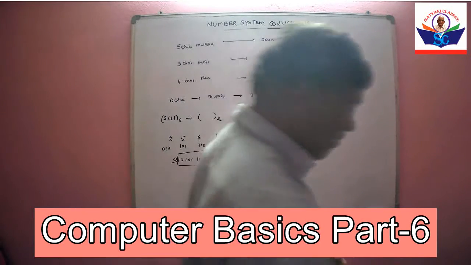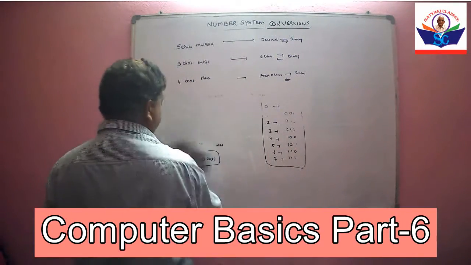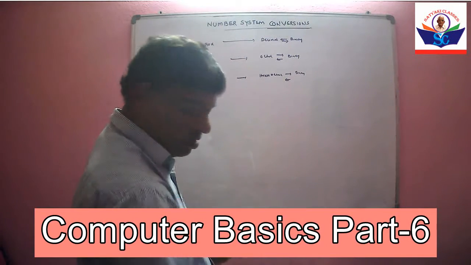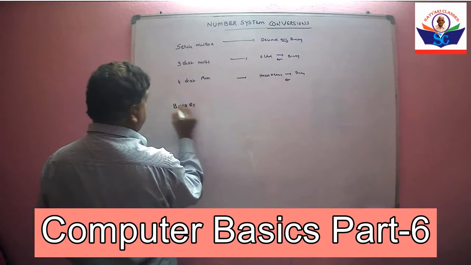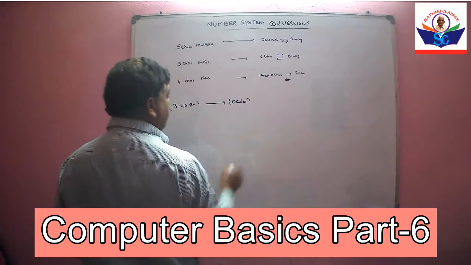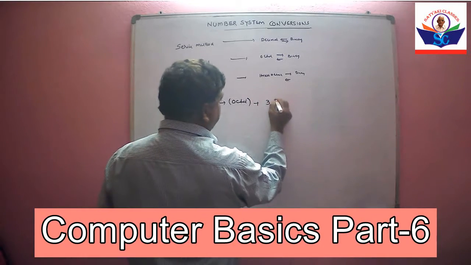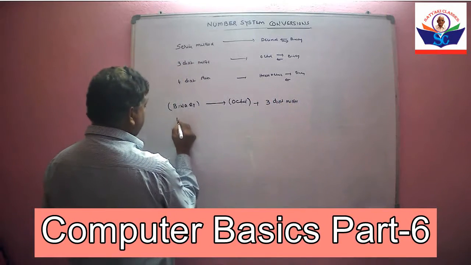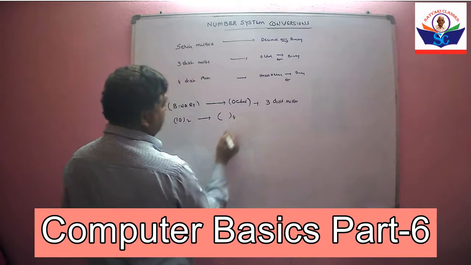Now we'll see how to convert binary to octal. We'll use the same 3-digit method. Take 1 0 in binary: it is equal to which octal number?